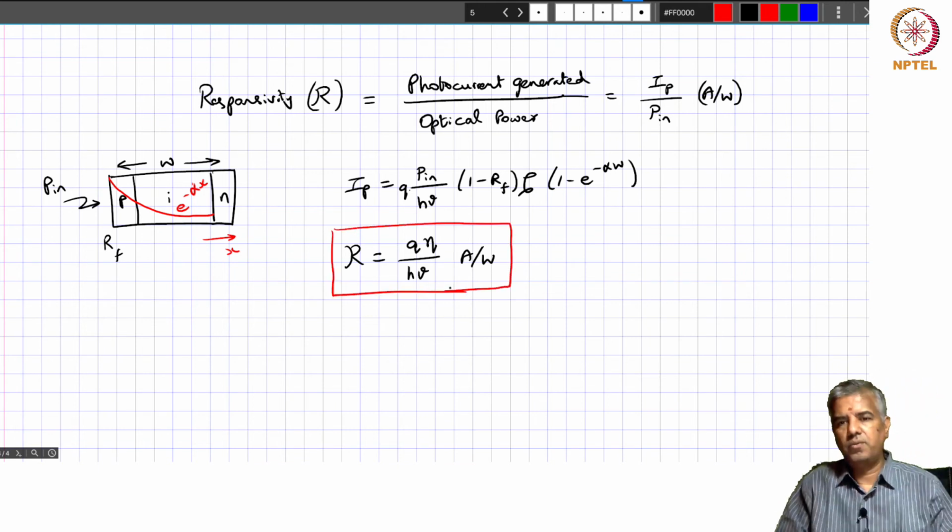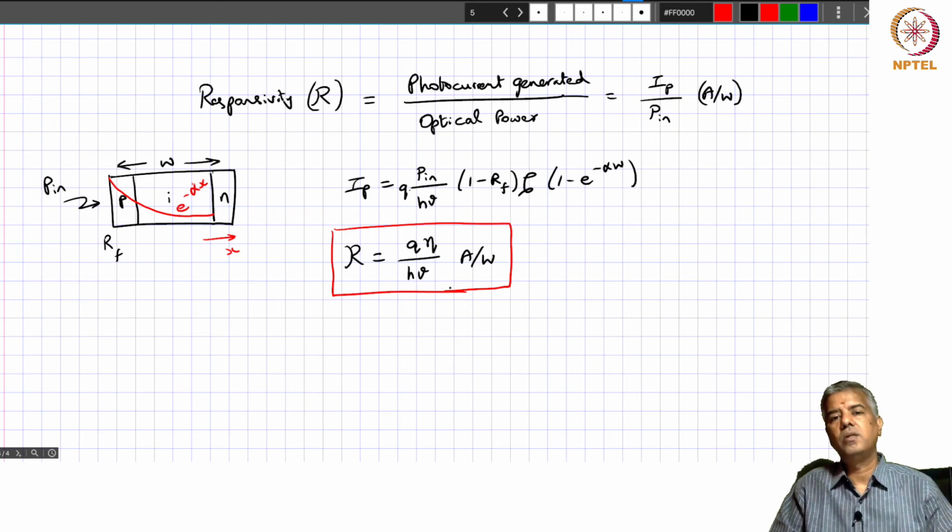So that is actually a trade-off you have as far as photodiodes are concerned. If you want faster response, you get lower responsivity.